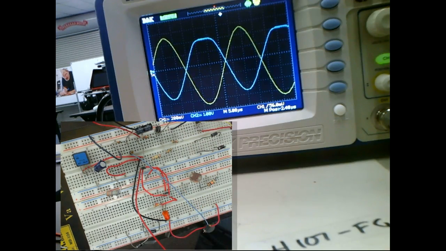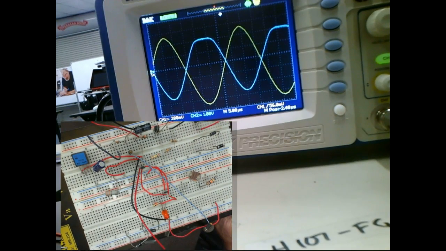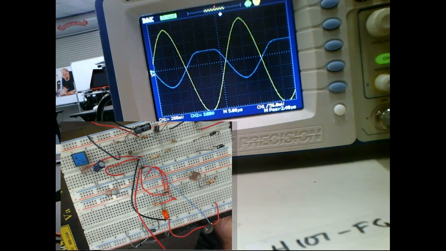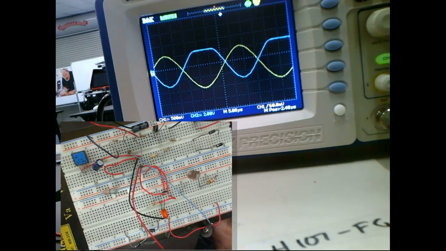The tops. Because we only had 8 volts to work with, right? So cutoff moves it toward 12. Once I get up to 12, the transistor is cut off. Eventually we can probably make the bottoms clip too. But we call this distortion. I can't get it. 8 volts, we don't have enough to work with.